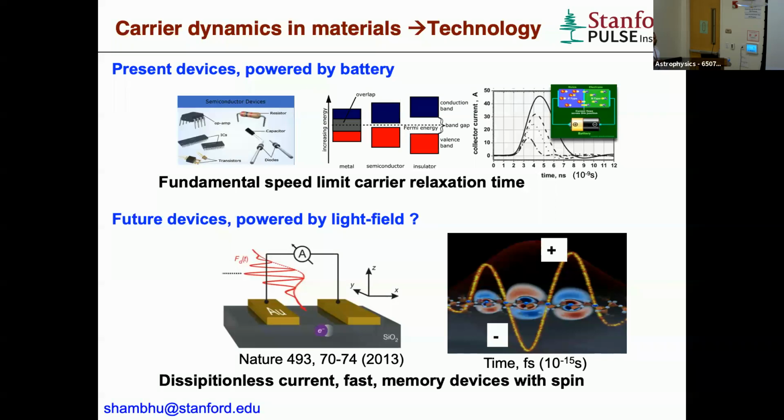There you could potentially have your femtosecond transistor.